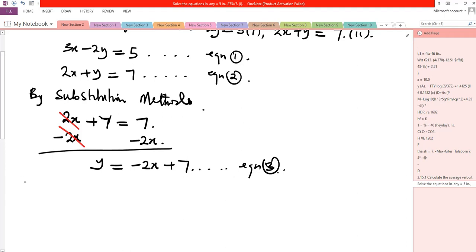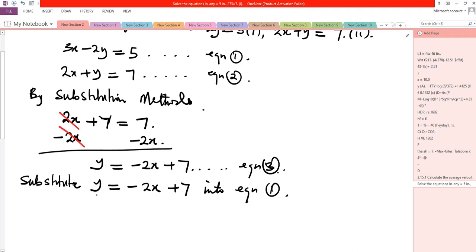So what we're going to do is to substitute y equal to minus 2x plus 7 into equation 1. What we're doing in essence is that y is equal to this.